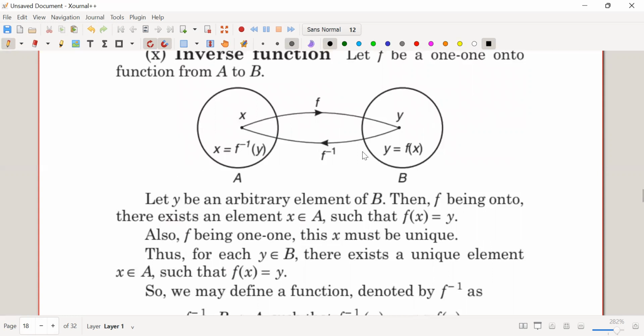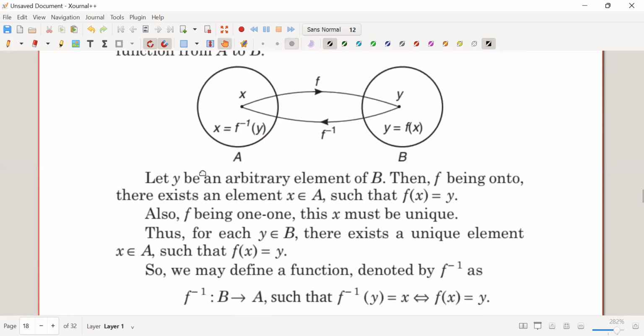Okay, a to b onto function means b to a is the inverse function.